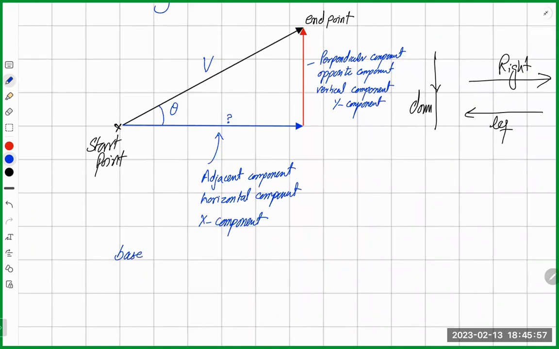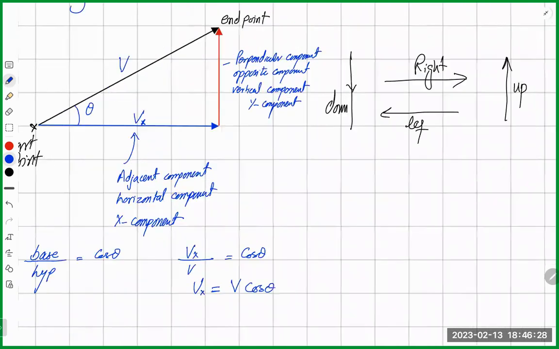So in this case, let's call it V's x component. Do you think it is right to say that Vx over V equals cos theta? So Vx equals V cos theta.